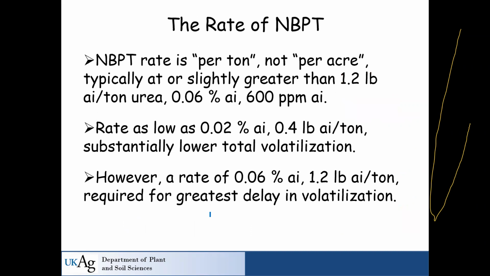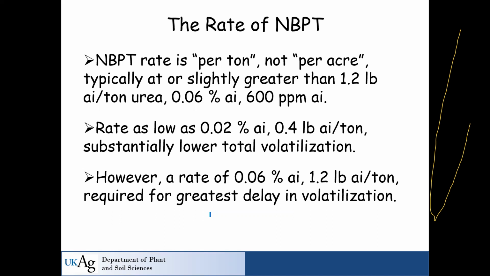Harkening back to what I said earlier, NBPT rates are per ton of fertilizer, not per acre like nitrapyrin is per acre, but NBPT doesn't work that way. You need 1.2 pounds of AI per ton of urea, or 0.06%.